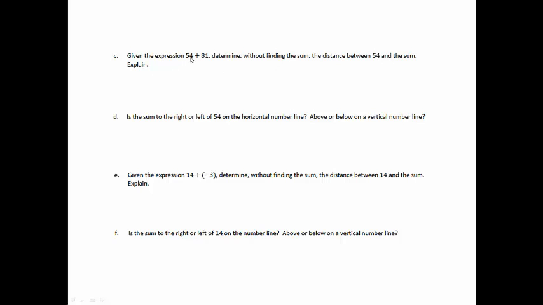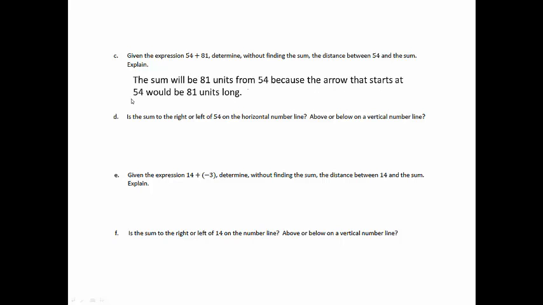Well, if we start at 54 and we go up 81, or to the right 81, that means the distance between 54 and our sum is 81. That's what this adding of 81 tells us. So the sum will be 81 units from 54 because the arrow that starts at 54 would be 81 units long. The absolute value of 81 is 81, and that tells us how long our arrow is going to be.